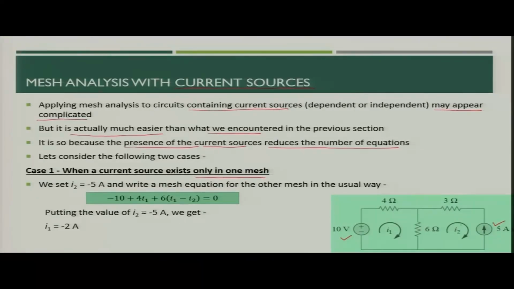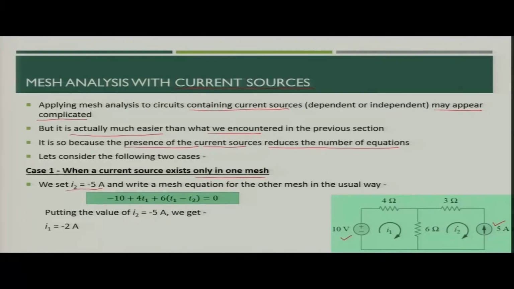So, if you see these kinds of circuits, what will you do? You will set current I2 equal to minus 5 ampere, because the direction of I2 we have taken as clockwise, as we have taken for I1, but the current source is opposite to what we have assumed for I2.